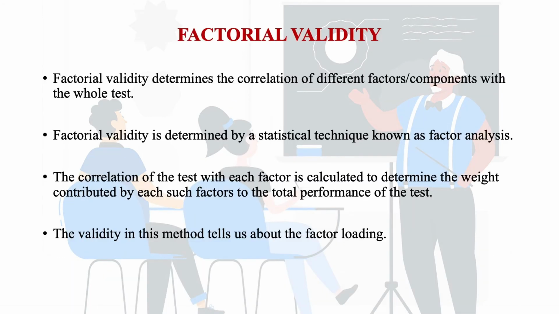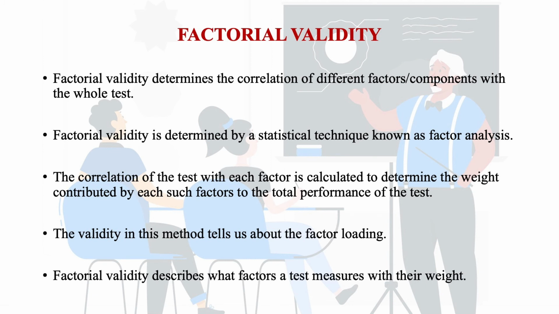So that's why here you have to analyze the factors, which factor is contributing how much, which factor is contributing very largely and which factor is a very negligible factor, and that is also called factor loading. Factorial validity describes what factors a test measures with their weight. That means the factors are putting certain load, putting certain weight. So you have to analyze how much weight each factor is putting.